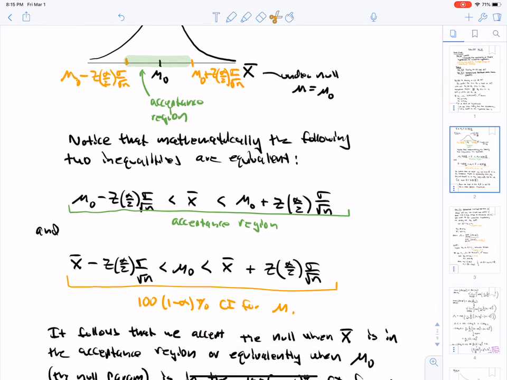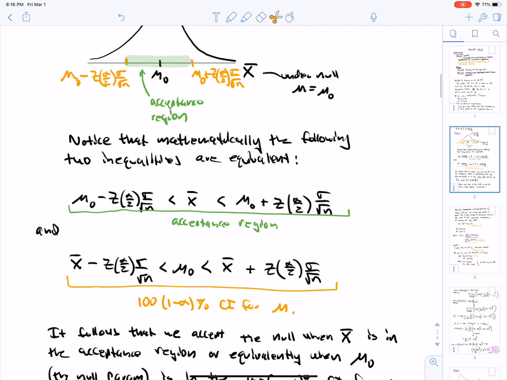So x bar is between mu 0 minus z alpha over 2 sigma over square root of n, and mu 0 plus z alpha over 2 sigma over square root of n. And the confidence interval: mu 0 is between x bar minus z alpha over 2 sigma over square root of n, and x bar plus z alpha over 2 sigma over square root of n.